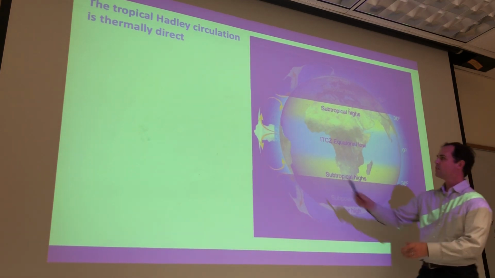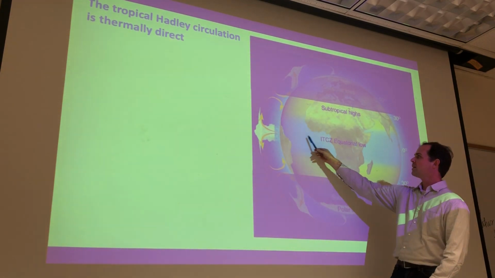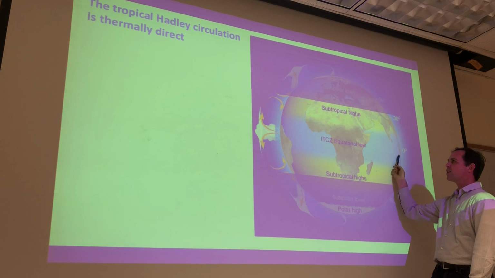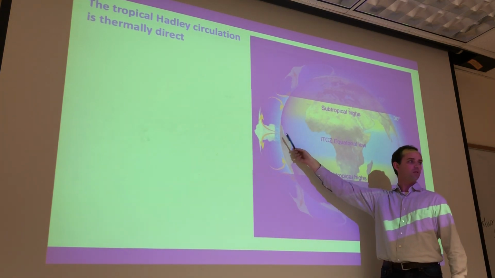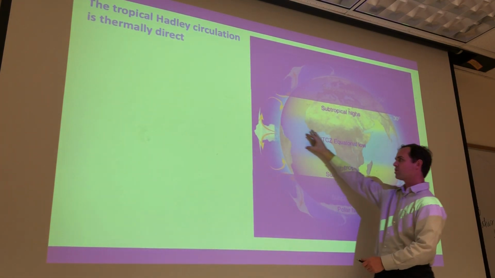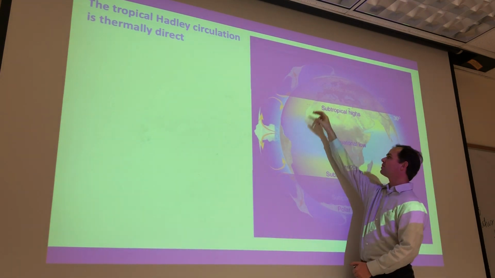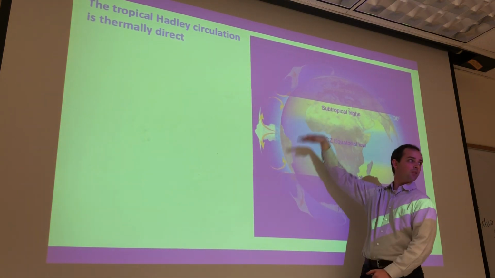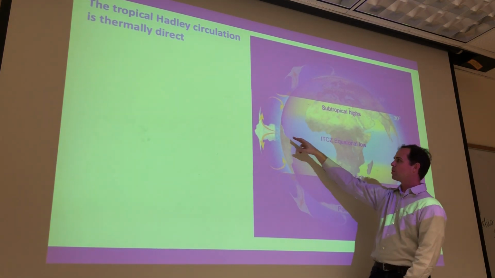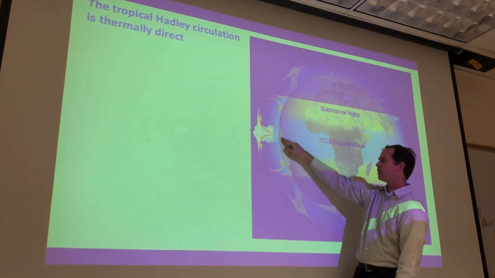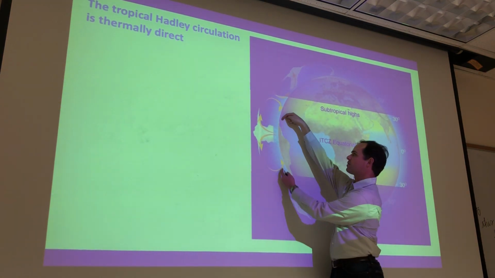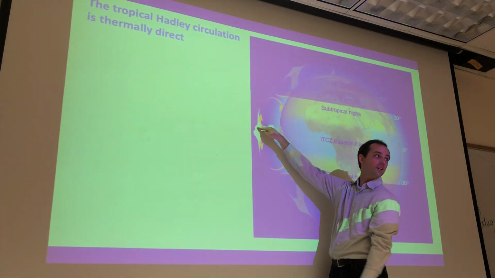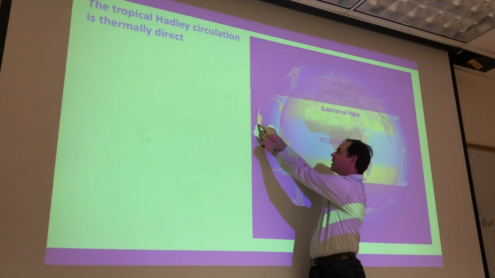Here you have warming that is mainly in the tropics. So you're generating the warmest temperatures right here on the equator, relatively cooler temperatures to the north and south. So you have a warm low pressure here.